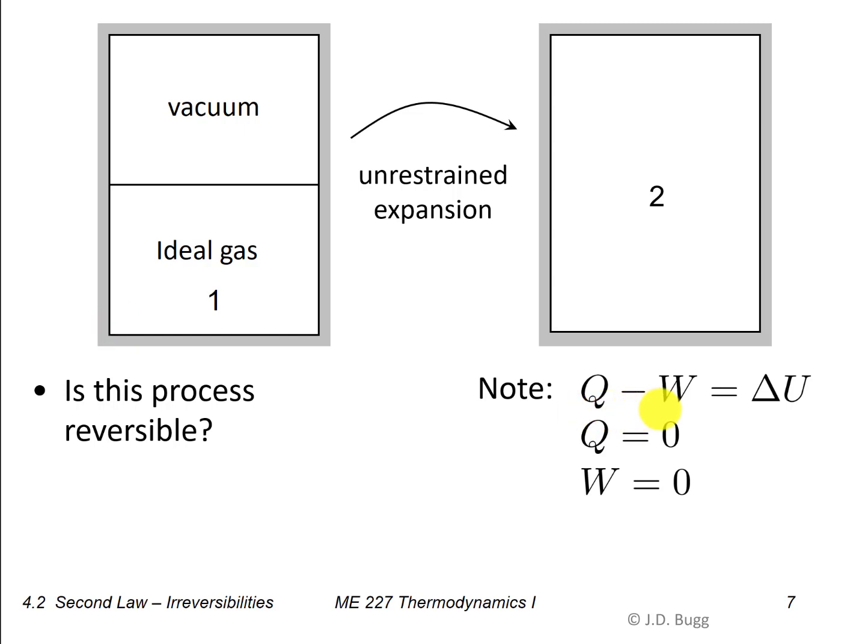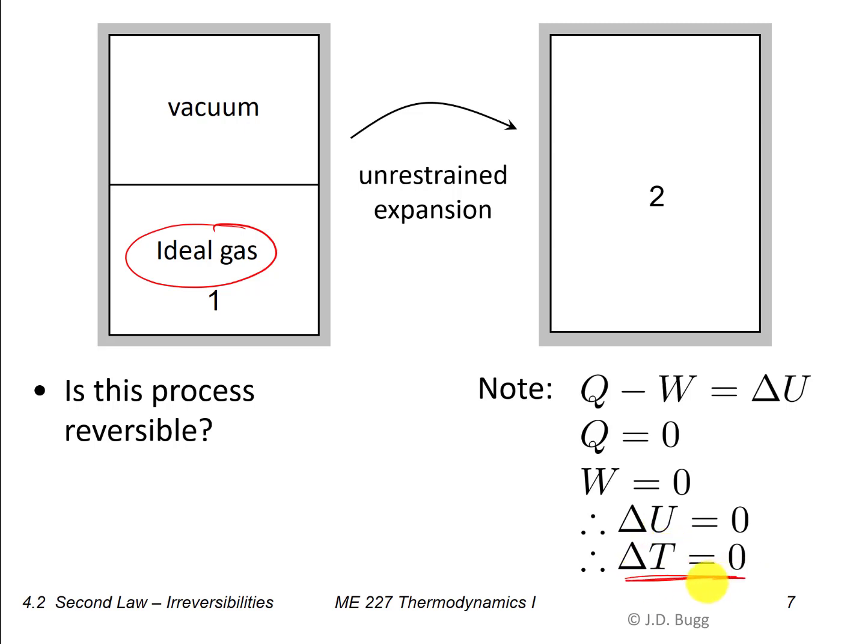Well, if heat transfer and work transfer are both 0, then delta U has to be 0 by the first law. And because this is an ideal gas, U is only a function of temperature. So if delta U is 0, then delta T is 0 as well. So the temperature at 1 and the temperature at 2 have to be equal because there's no energy transfer with the surroundings during this process.